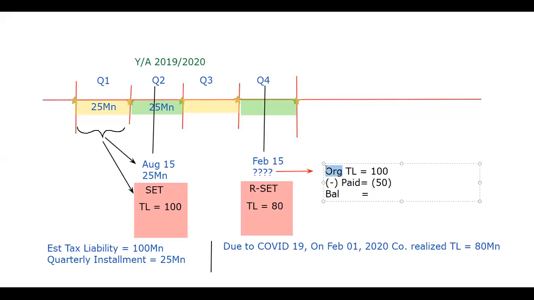But what is the revised liability? The revised tax liability is now 80. Earlier, as per the original 100, you were required to pay a balance of 50 million, 25 each for the next 2 quarters.